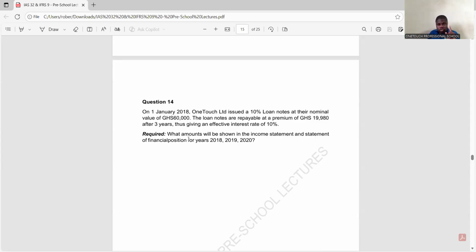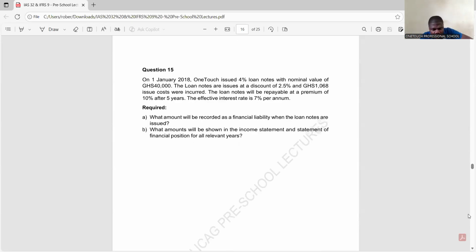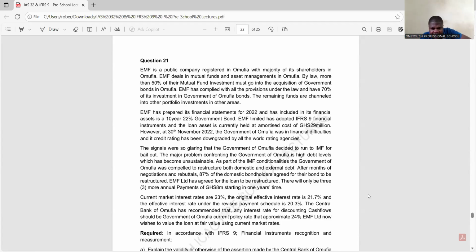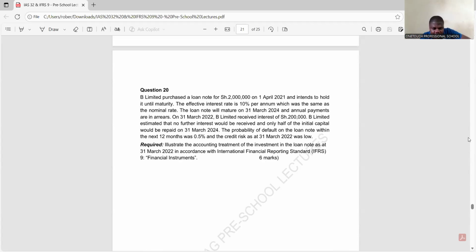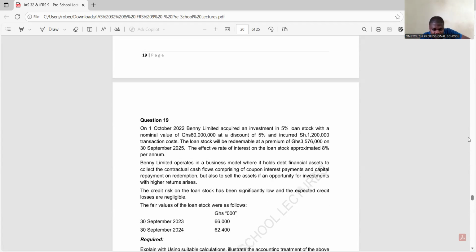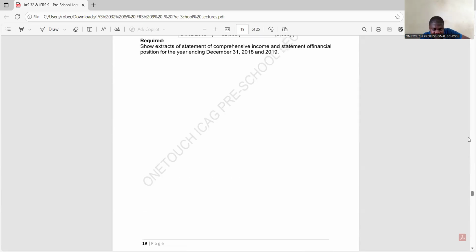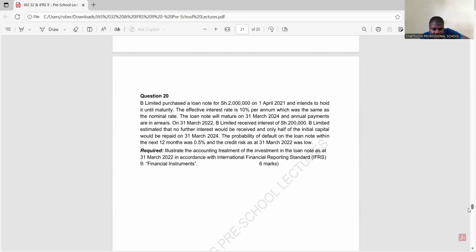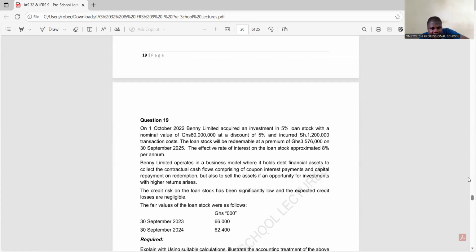So this should be your assignment. Question 14 up to the last question. Some of them you have to know because it's on impairment. Let's say up to question 19, 14 to 19.